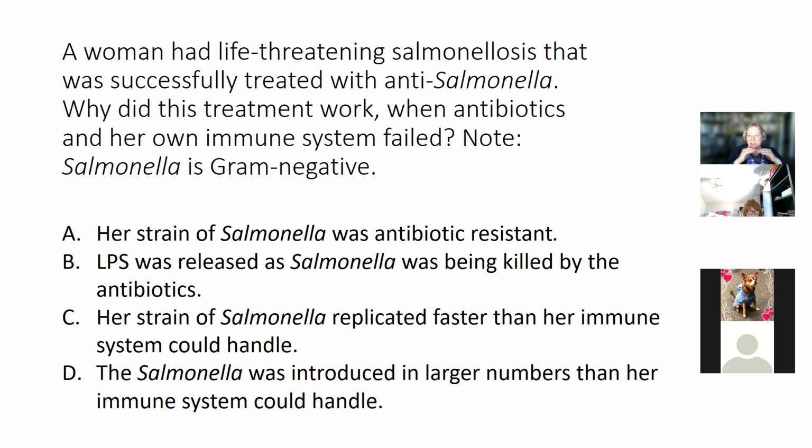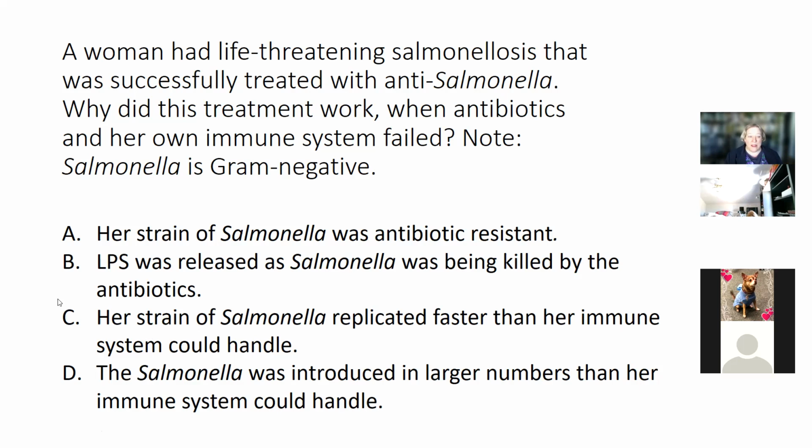But you have to have a certain number of Salmonella introduced to your system to cause disease. So that indicates that the infectious dose was reached, with higher numbers than her immune system, either innate or adaptive, can handle. Probably in this case, her adaptive immune system hadn't been able to gear up yet.